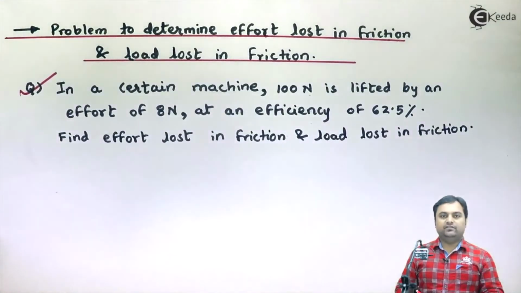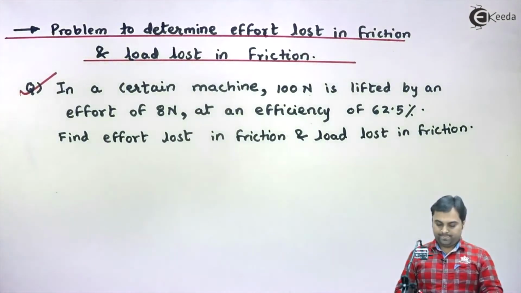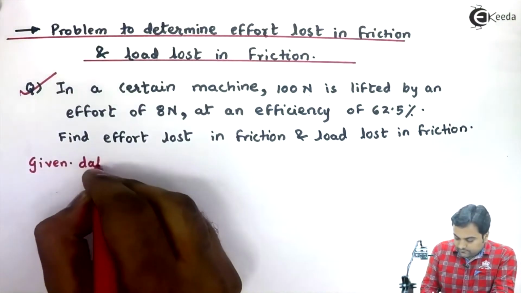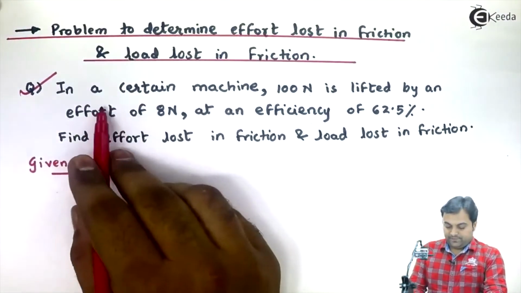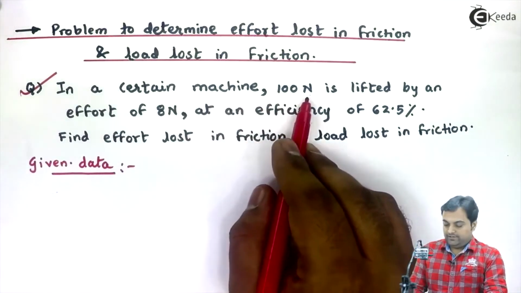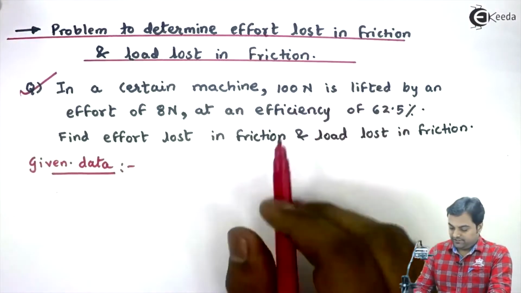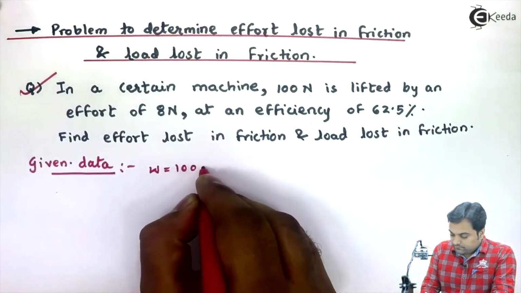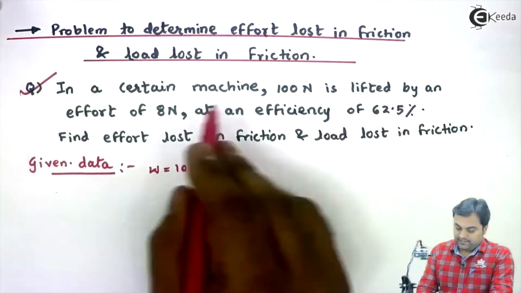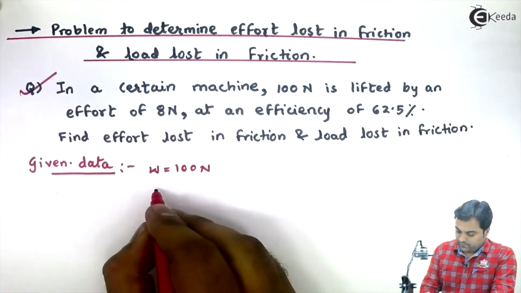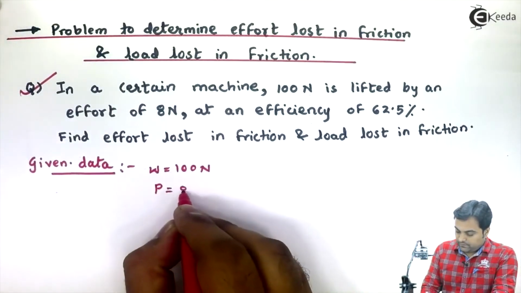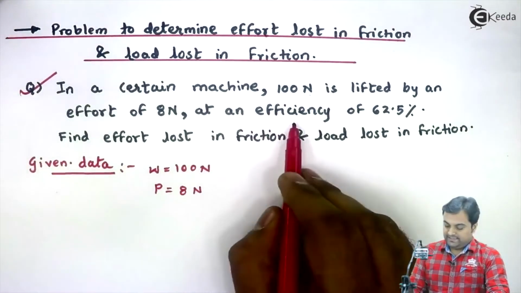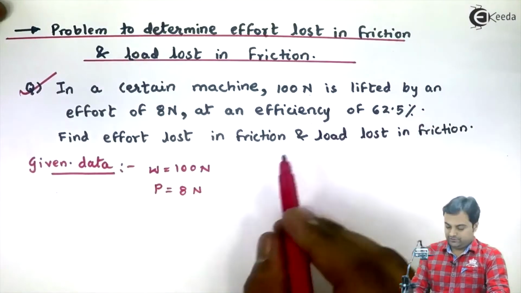Whatever is given here, I will write that in the form of data. So let's start with this problem. Now it is given in a certain machine 100 Newton is lifted, means 100 Newton is the load, by an effort of 8 Newton. Effort is denoted by P, at an efficiency of 62.5%.